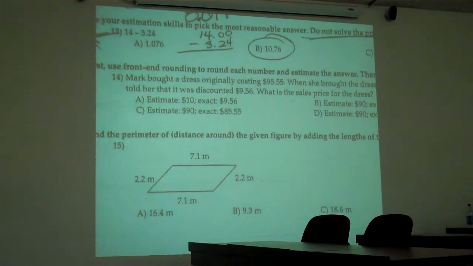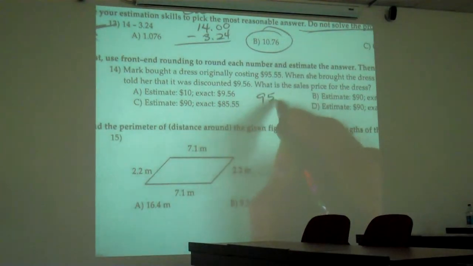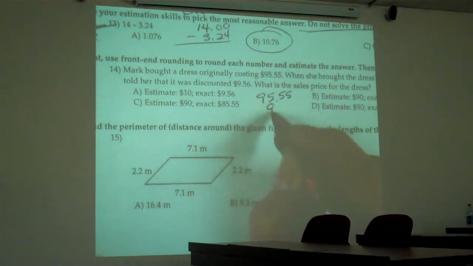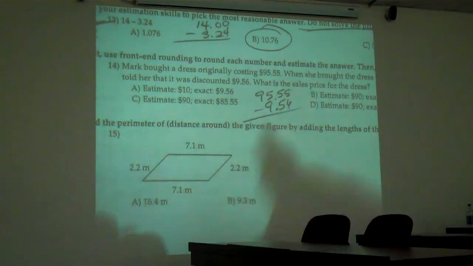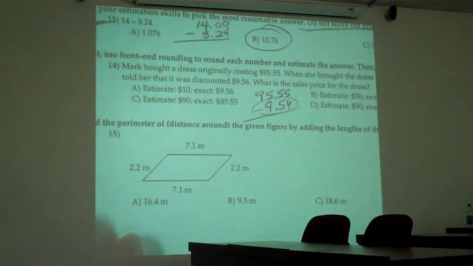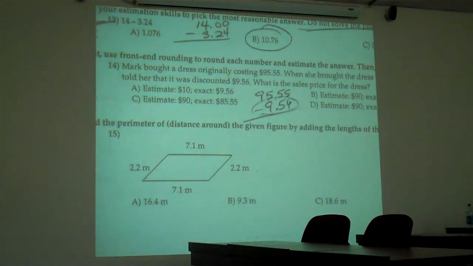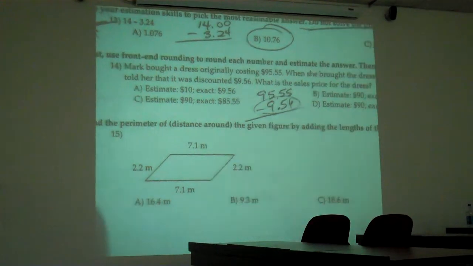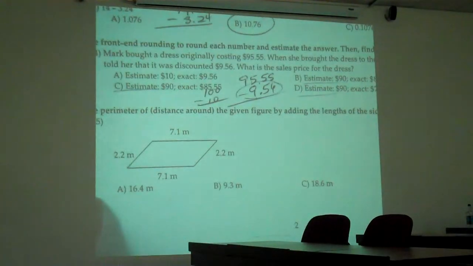So it's about $10 less, but not quite. So you need to do your 95.55 minus your discount. The discount's subtracted, right? If you were estimating, that's about $10 off, right? So $10 from about $100, the estimate would be about what? 100 minus 10 would be about 90. So these estimates are all good.